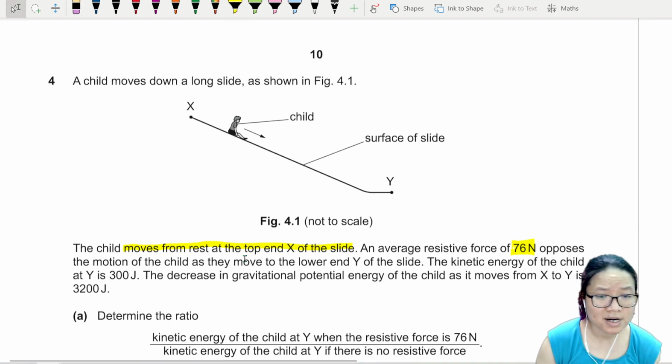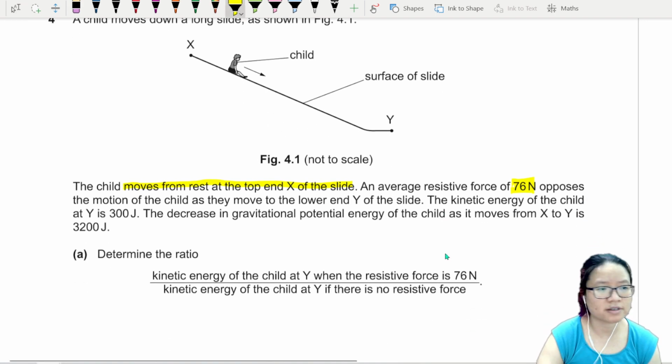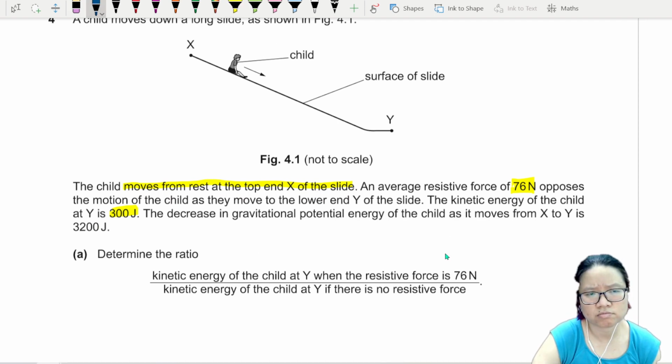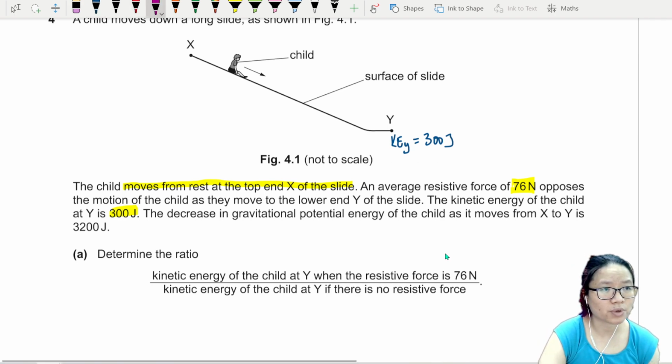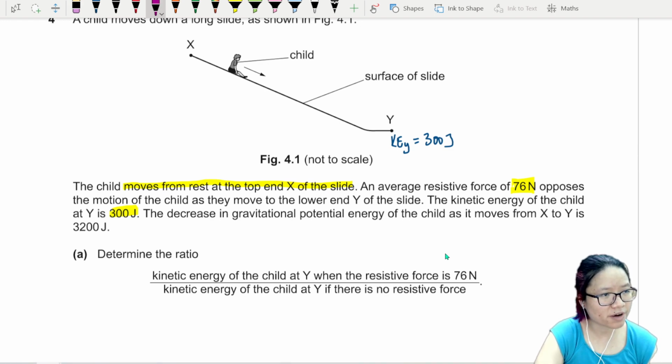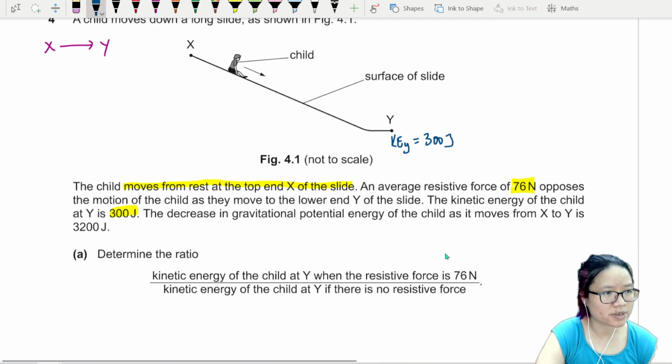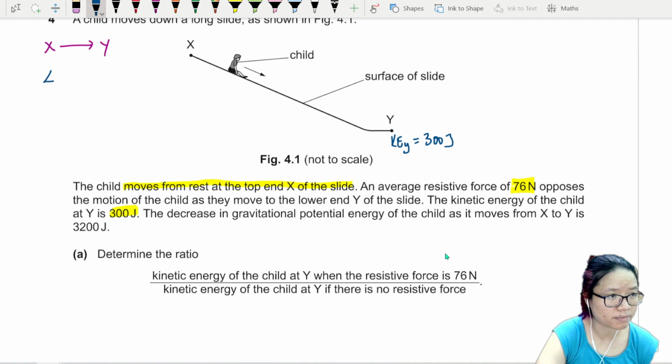Kinetic energy of the child at Y is 300 joule. So KE here at Y is 300 joule. The decrease in GPE as it moves from X to Y is 3200 joule. When we travel from X to Y, we will suffer a decrease in GPE.